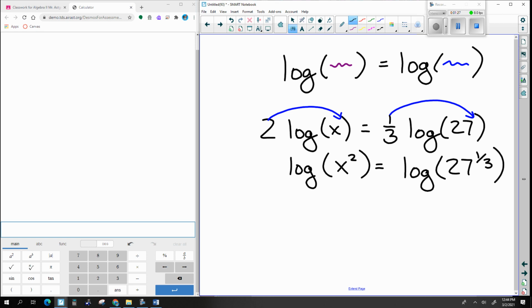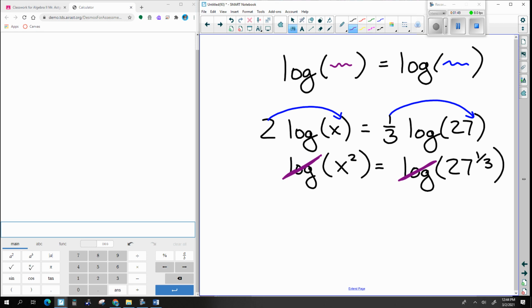And if you are able to accomplish a situation where you have just a log equal to a log, you can cancel the logs and just do the math of whatever's left. So this would be x squared is equal to 27 to the 1/3.